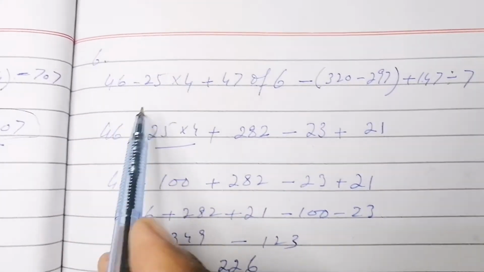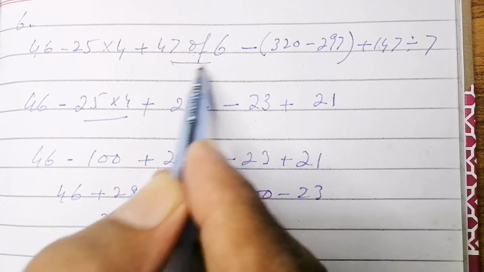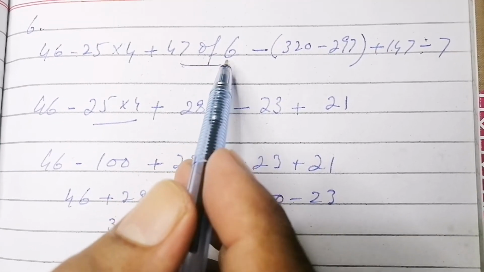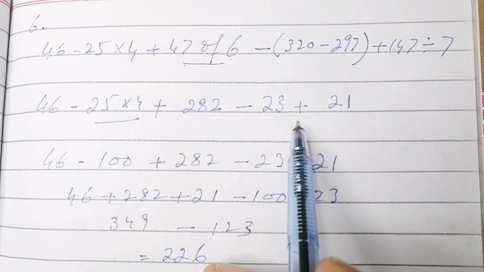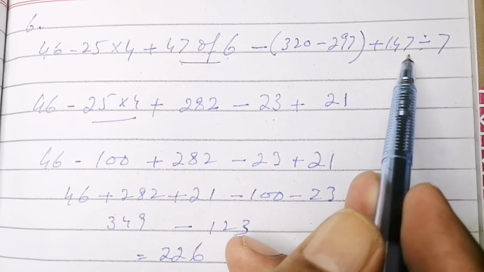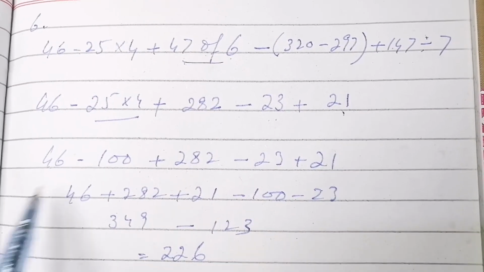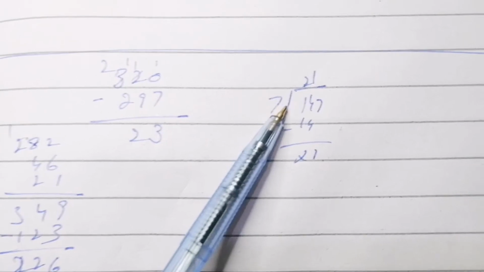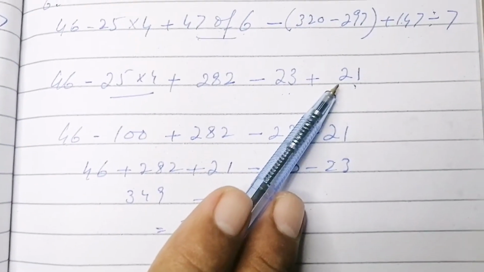So here we solve 'of' first, 47 of 6 gives 282 by multiplying, and then you solve the bracket. 320 minus 297 is 23, and 147 divided by 7 is 21, right? You can see in the rough column also, 147 divided by 7 is 21. So we have written here 21, right?